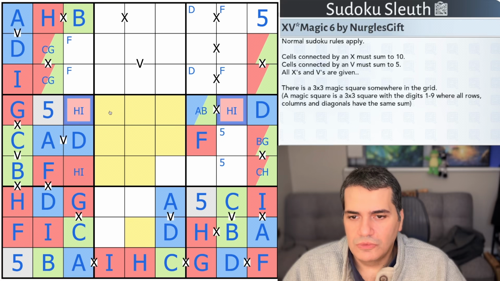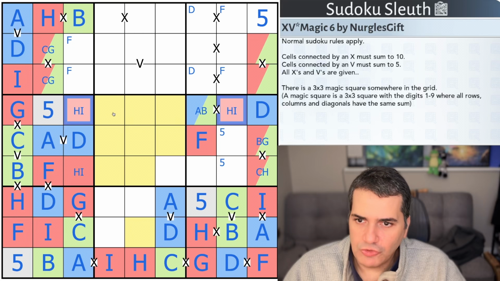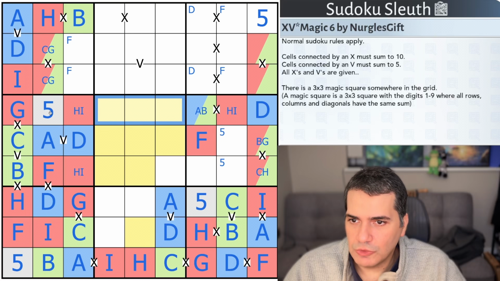No 5s. Okay, we're back onto that again for a second in terms of where can the magic square be? Can't be in any of these cells anymore because there are no 5s in here. They're gone. Seemingly the rest are available.